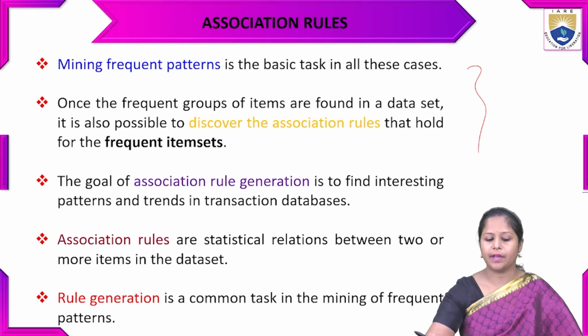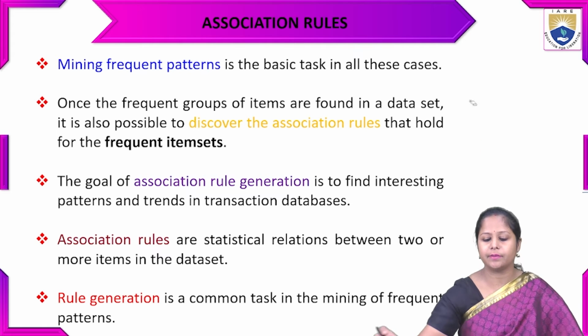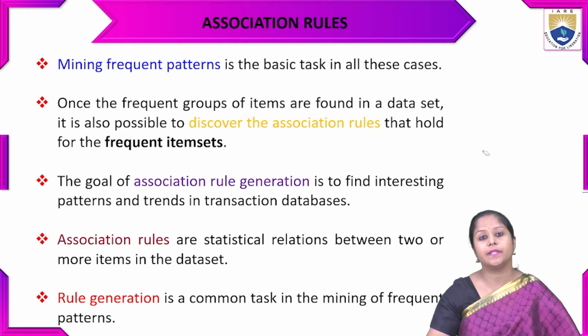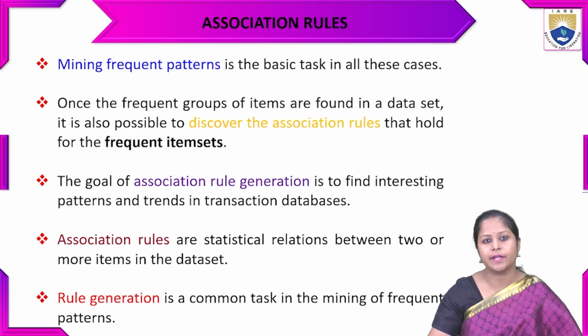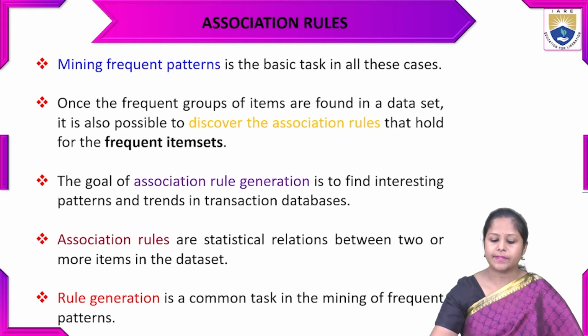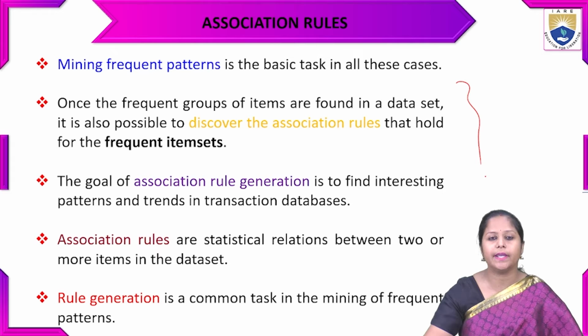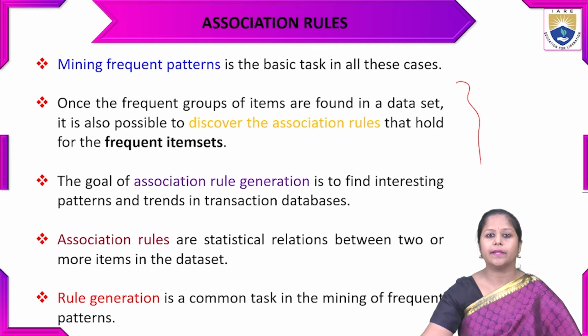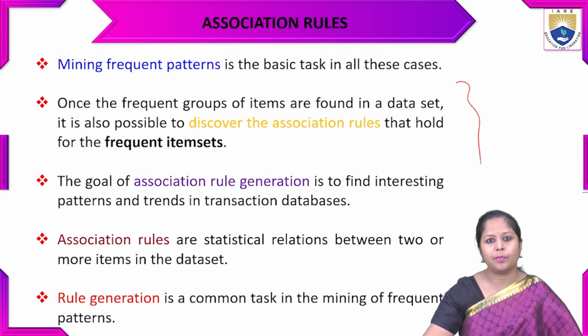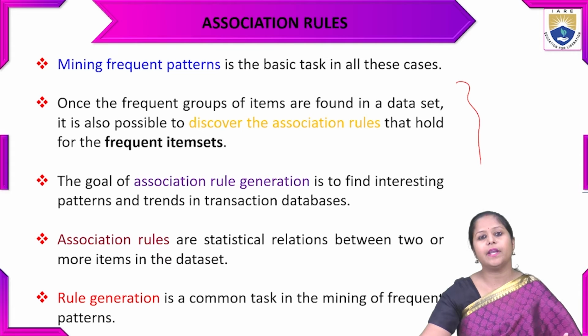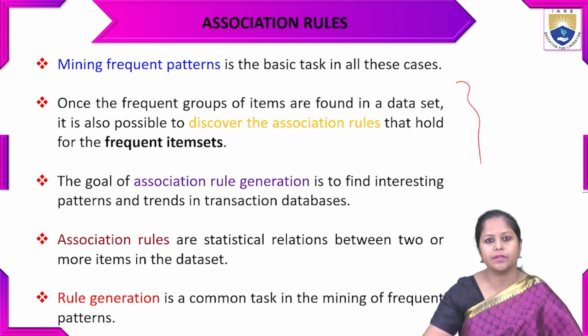We have completed mining frequent item sets, which is the basic part of association rule generation. Once frequent groups of items are found in the transactions by the customers, we also have to generate some association rules.